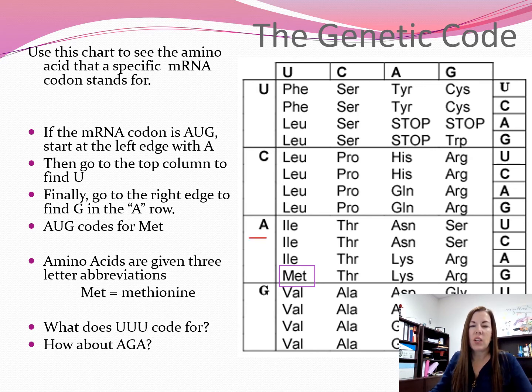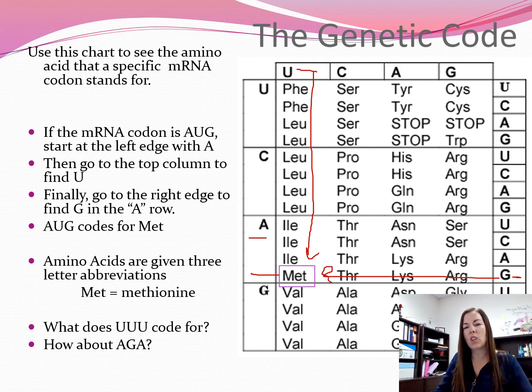And then you find U here, and then on the right side you find G in that A column. And so here, and then here, all leads to the fact that AUG is coding for met or methionine.